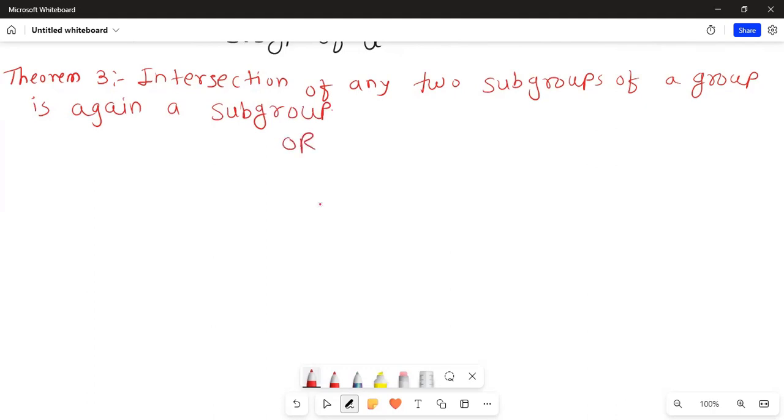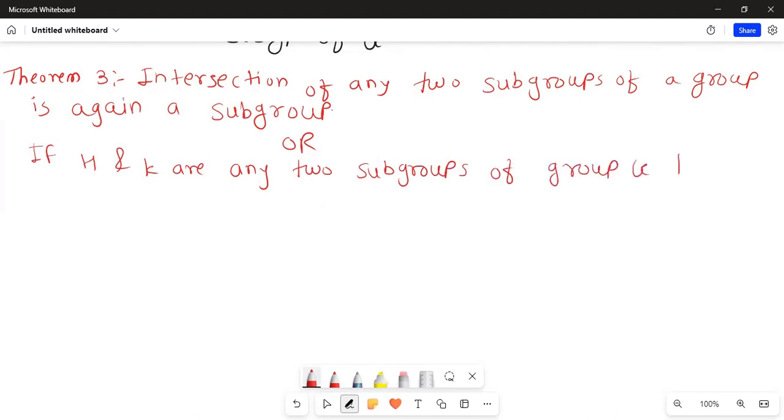Or if H and K are any two subgroups of a group G, then H intersection K is also a subgroup of G. So intersection of any two subgroups of a group G is again a subgroup.